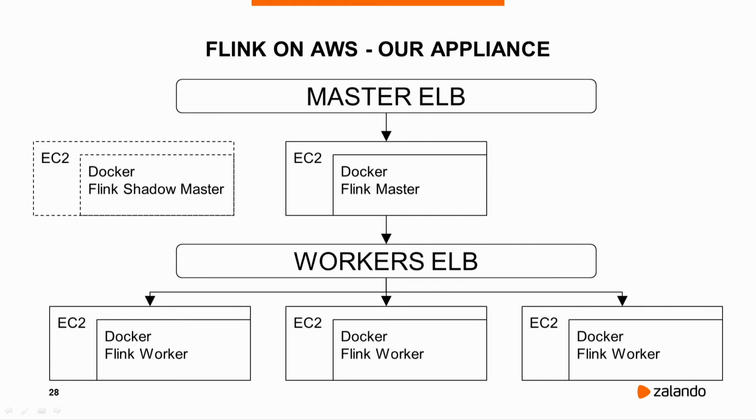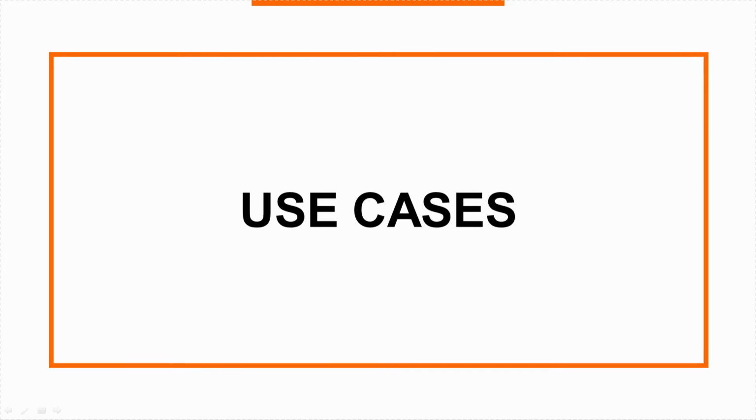The line for the second master is dotted, as this is still work in progress. The second master is for the high availability mode of Apache Flink, so if the main master fails, the other shadow masters can take over.